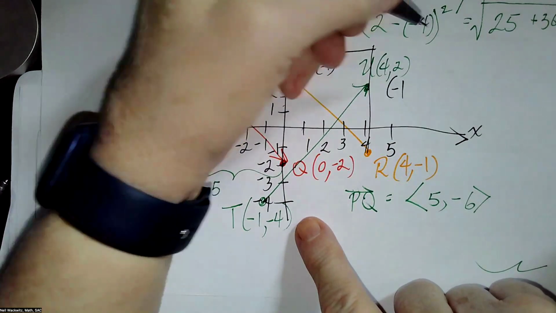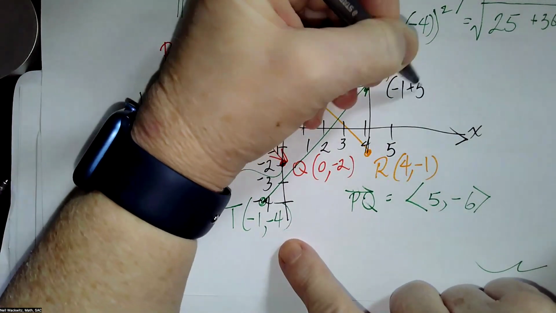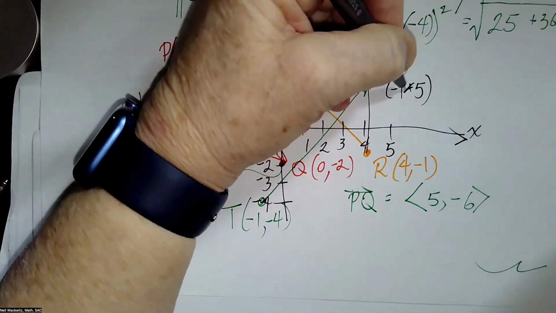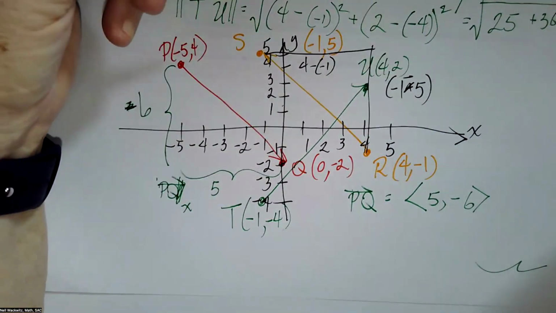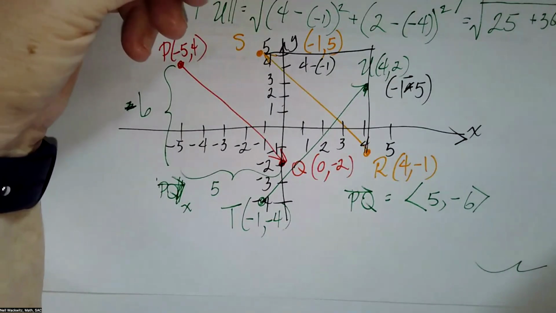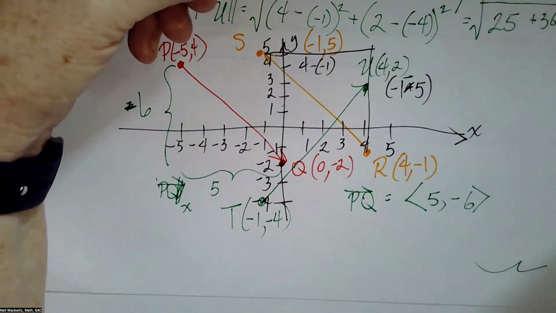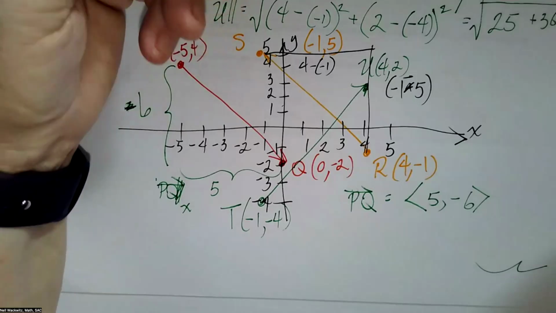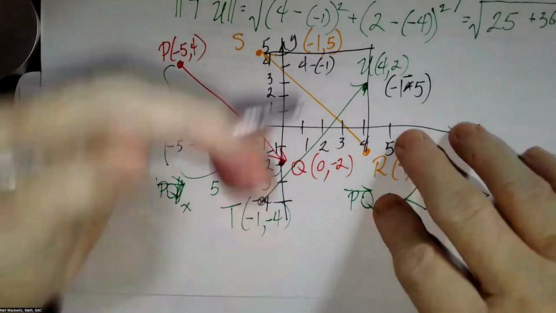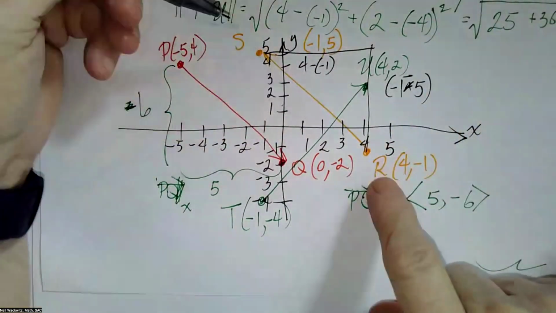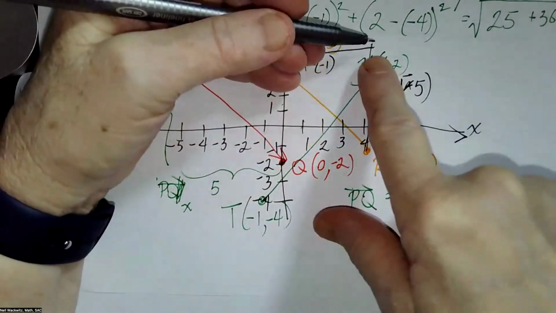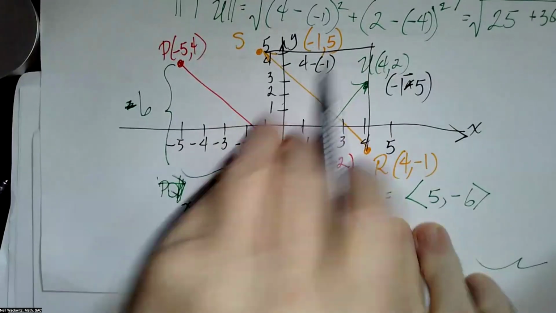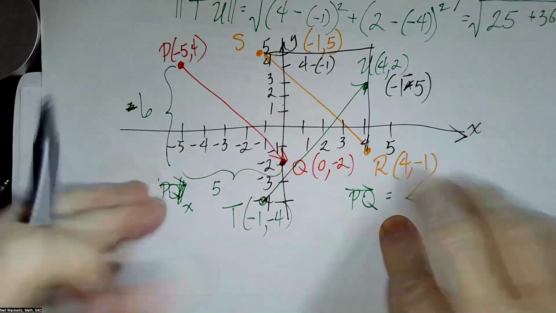So we're going positively for y and negatively for x.